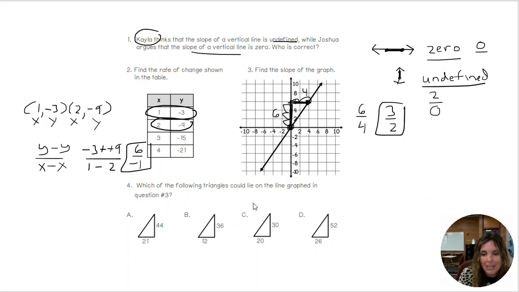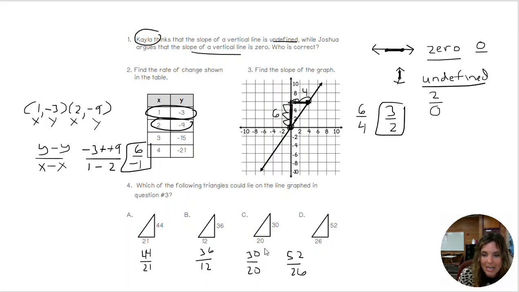Now on the next one, it says, which of the following triangles could lie on the graph in question 3? Well, in order to do that, they would have to have the same slope. So the slope of this one is 44 over 21. The slope of this one is 36 over 12. The slope of this one is 30 over 20. The slope of this one is 52 over 26.